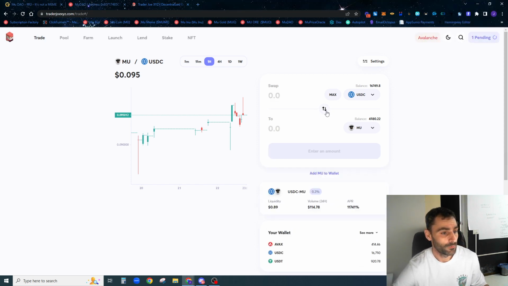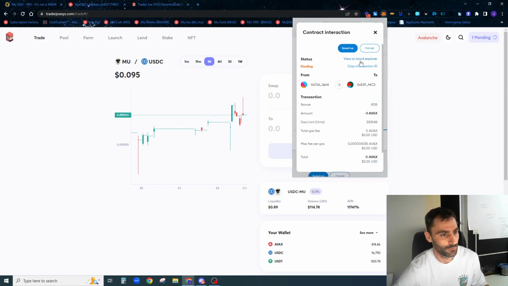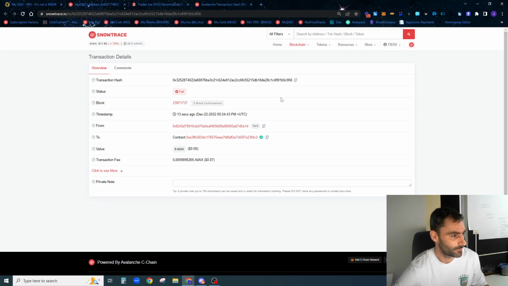Then we are going to take our $1,000 worth of Mu coin and get some Mu gold. I'm sure you know how to do this. I just need to get this Mu gold so that I can get some Mu ore.